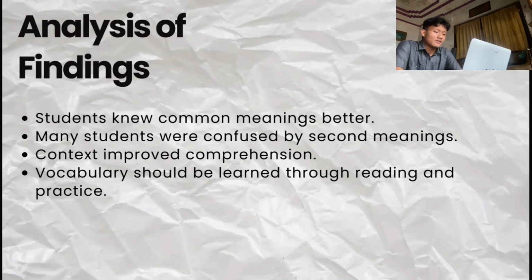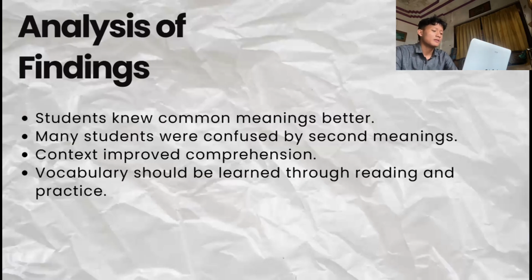Now I would like to discuss the findings of this study. Based on the research results, I found that many students could understand the first meaning of a homograph more easily than the second meaning. This happened because they were more familiar with the common meaning of the word, but they had never learned the other meanings.